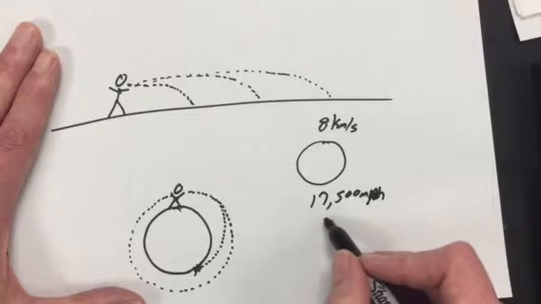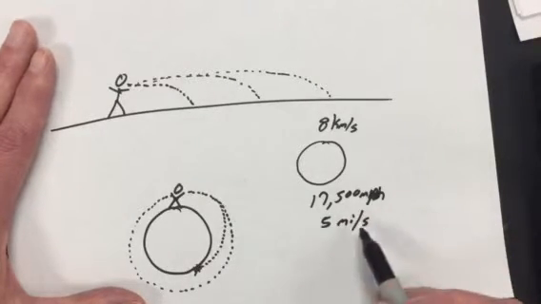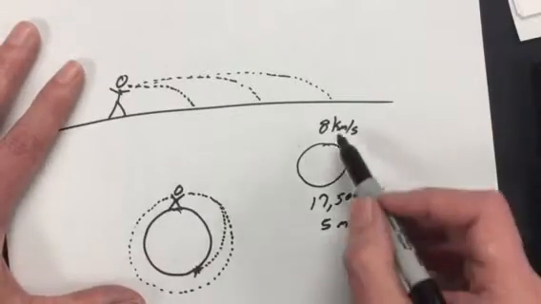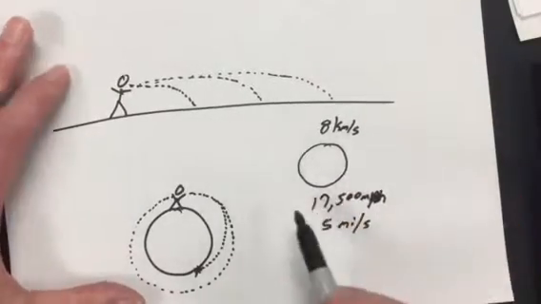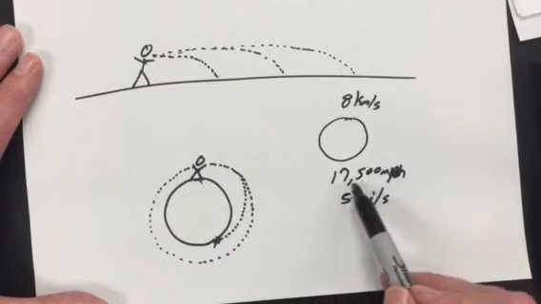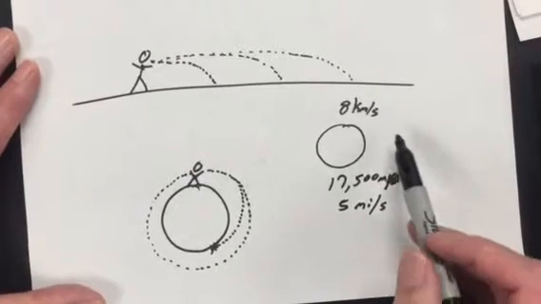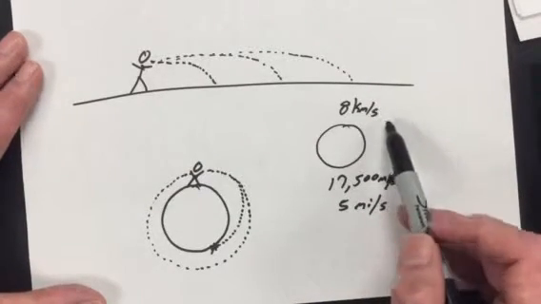Or it's roughly 5 miles per second. So if you're in orbit around the Earth, to stay out there and go round and around, you have to be traveling roughly 17,500 miles per hour or 8 kilometers per second.